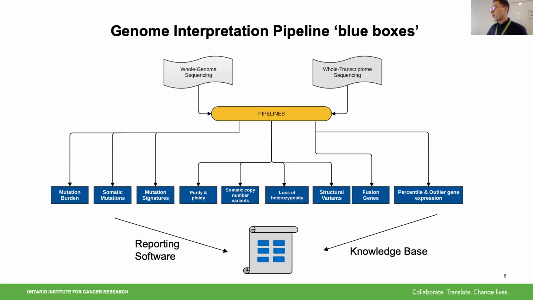We're looking at a reporting software, and we're also looking at a knowledge base, which is kind of a curated collection of all the mutations, as well as different therapies or clinical trials, and also our experience gained from past sequencing.